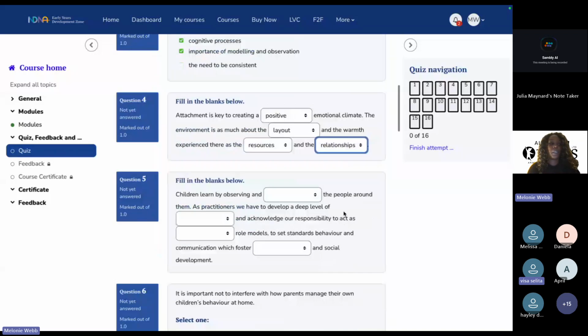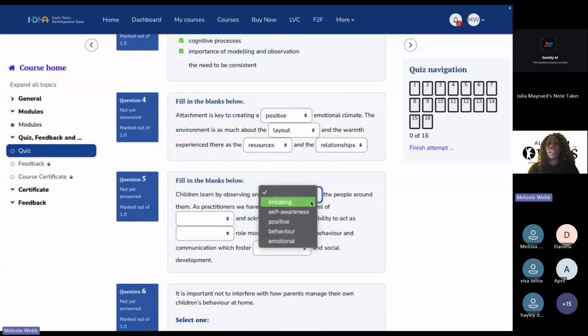Okay, we'll move on. So another fill in the blanks. Children learn by observing and imitating the people around them.